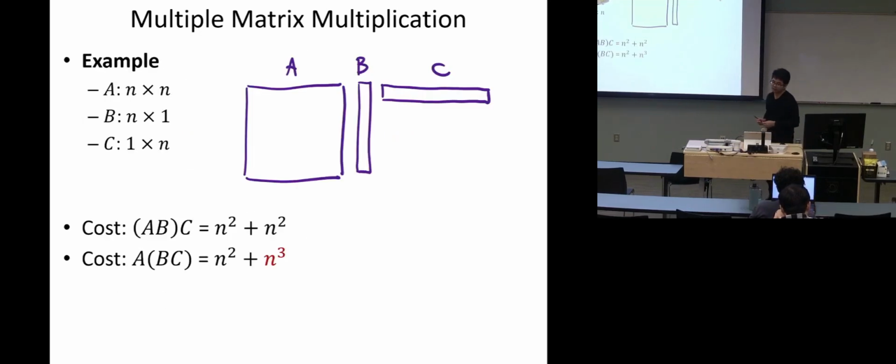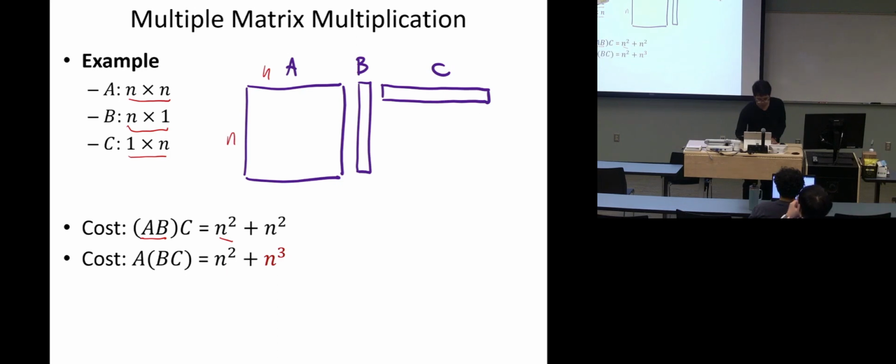Let me give you an example. A is of size n by n, B is of size n times 1, and C is of size 1 times n. If you multiply A and B first, that takes n squared time.